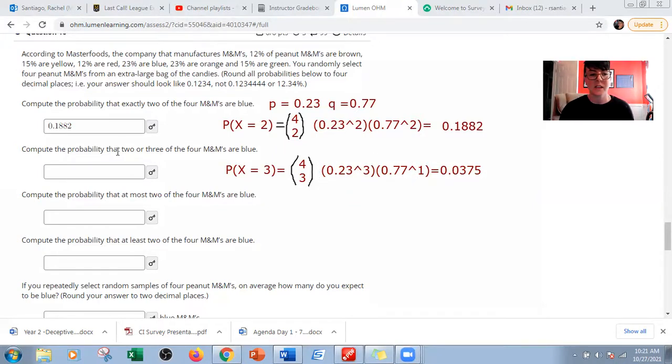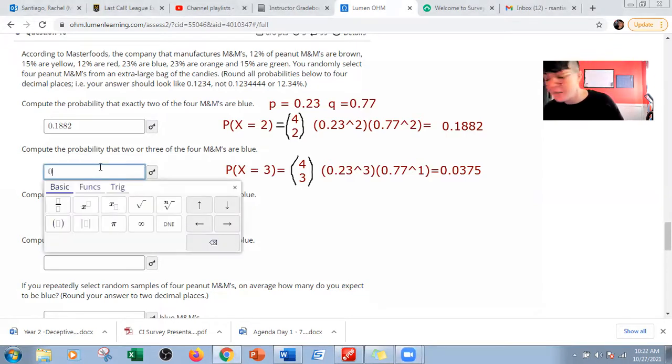Keep in mind that this is asking for 2 or 3, so we must add these two probabilities. So let's take 0.1882 and add 0.0375. That will give us a total probability of 0.2257.